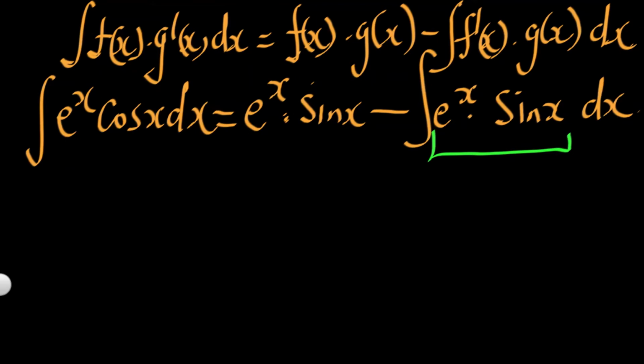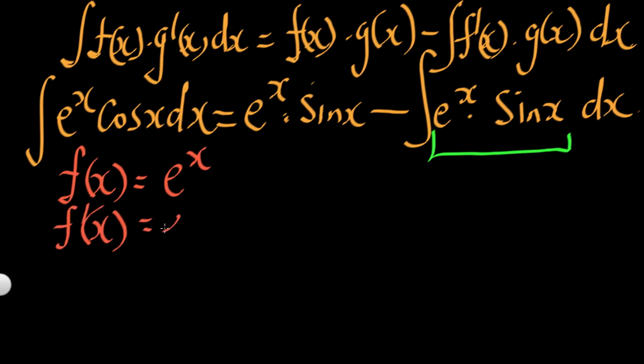Now, let us choose e to the power x as our f of x. So f of x is equal to e to the power x. This means f prime of x will be e to the power x. And g prime of x is sine x.